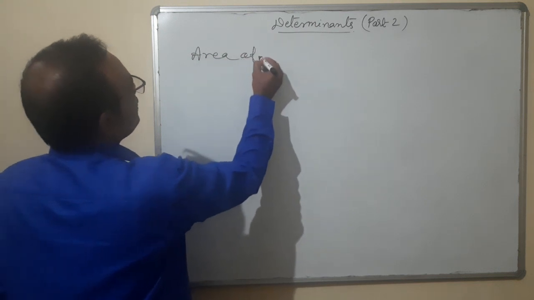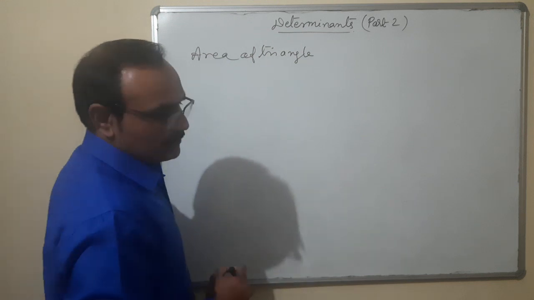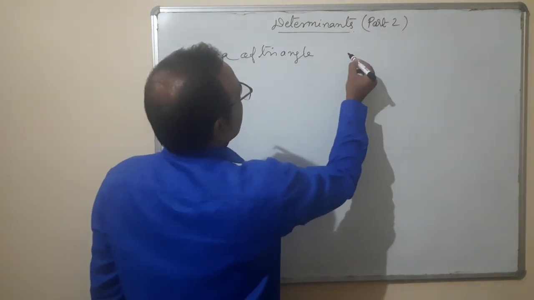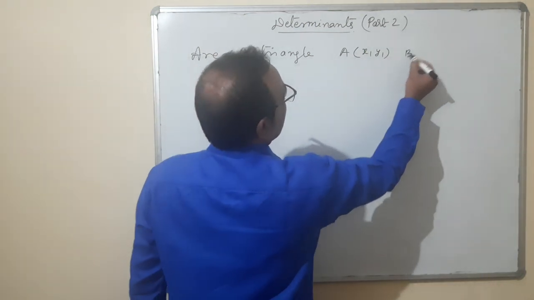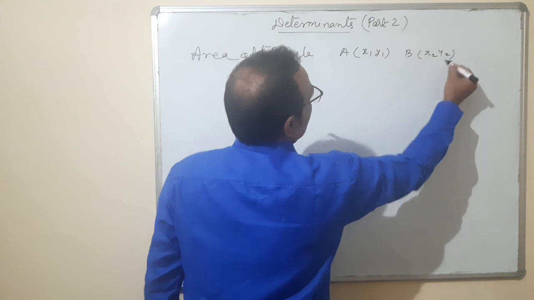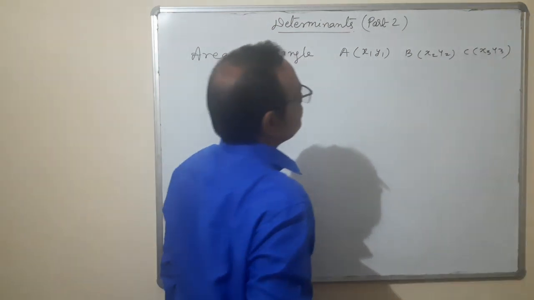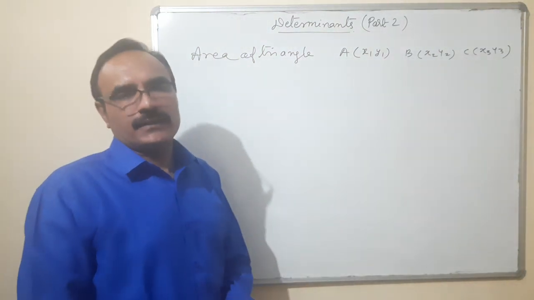Area of triangle. Let the coordinates be A (x1, y1), B (x2, y2) and C (x3, y3). These are the coordinates of a triangle, and we are going to find its area.